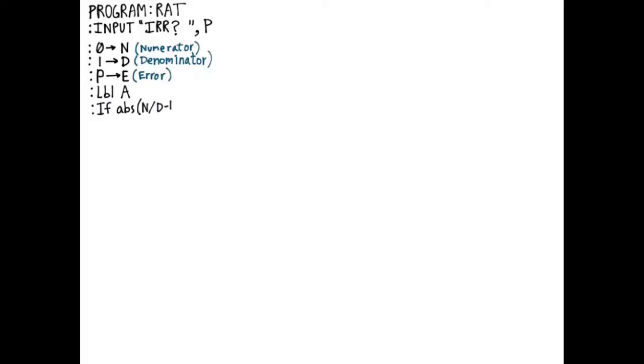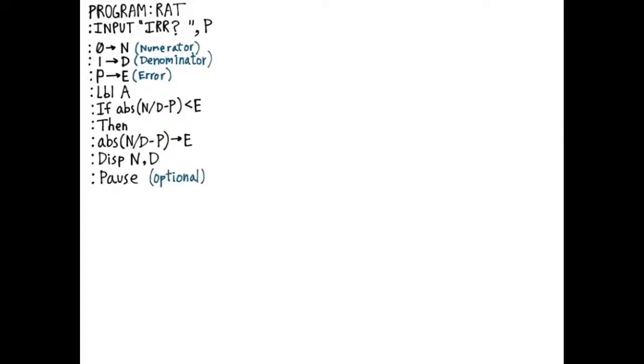The first thing to do in the loop is check whether the latest rational number has a smaller error than e. If it does, then update the new best value for e and display the values of the numerator and denominator.